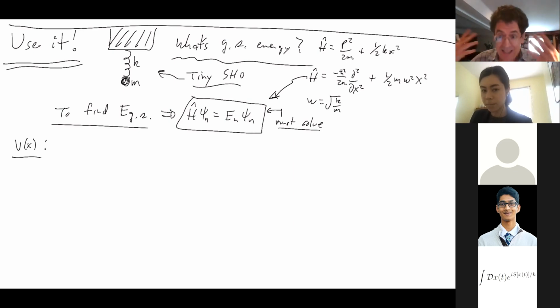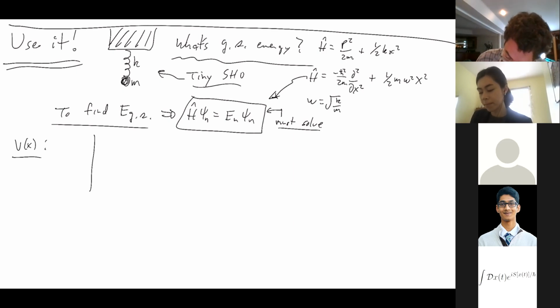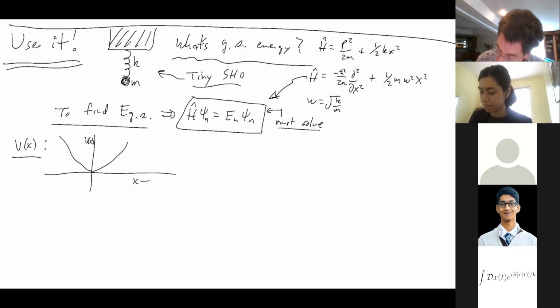This is what people actually do out in the real world, because you're often presented with weird Hamiltonians. So you draw the potential, and you say, okay, that's a parabolic potential. It's a parabola, V of x as a function of x, 1/2 kx squared.